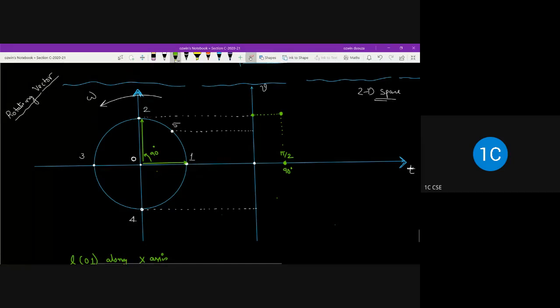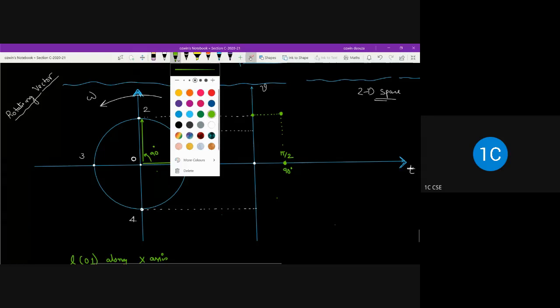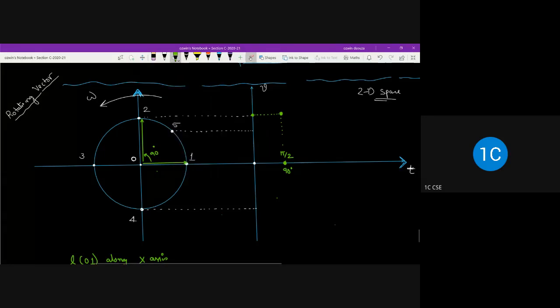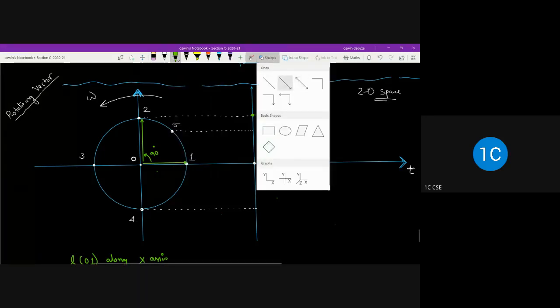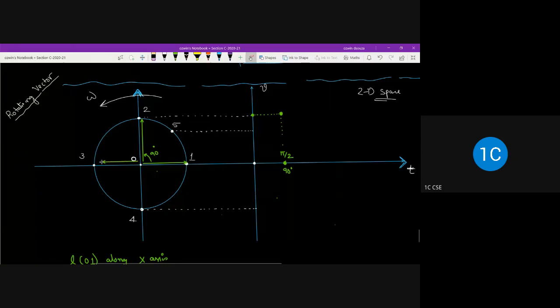Similarly, when the vector is rotated by a further 90 degrees, what will happen? The vector is going to occupy position 3, so the total angular displacement from the initial position is 180 degrees. What is the projection at position 3? 0. But where are you supposed to place that 0?